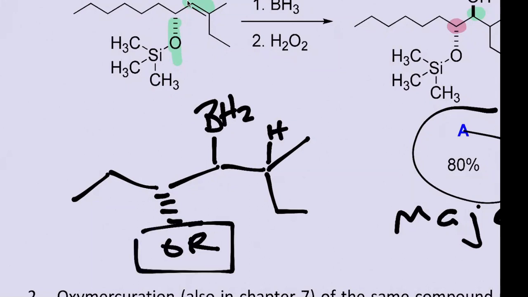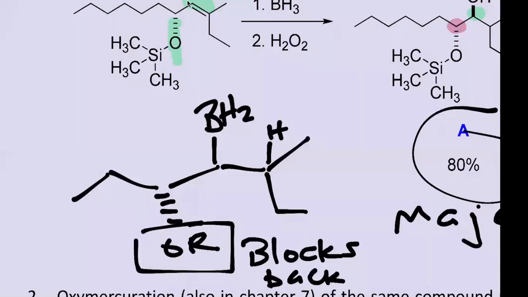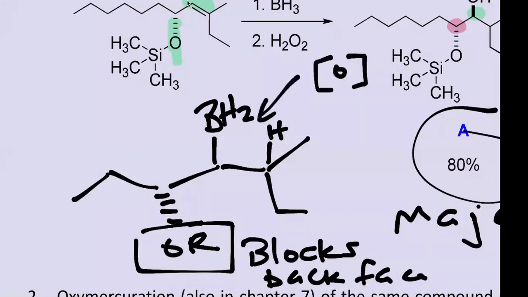So if this is blocking the back face, your oxygen is going to come from, I'm just going to put oxygen in brackets because it's not a simple oxygenation, but it's going to come from the front face.